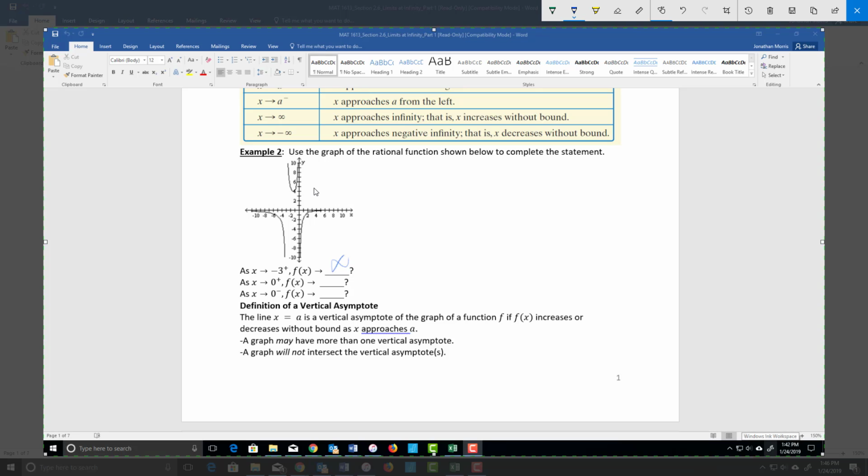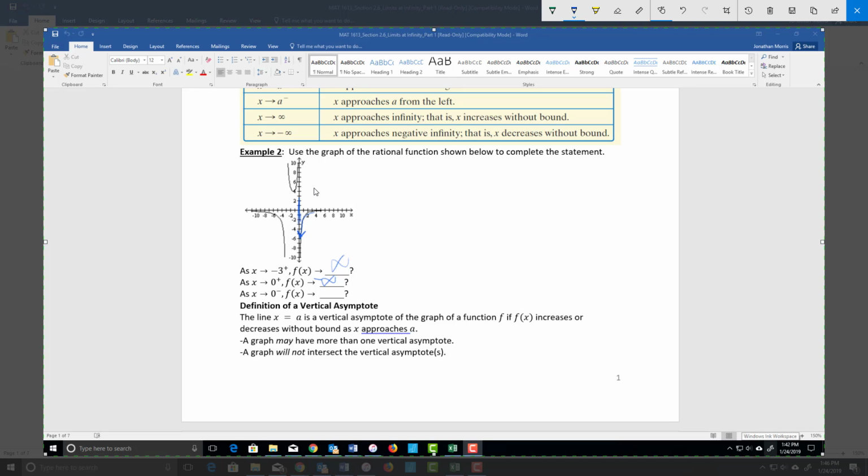Now, as x approaches 0 from the right side, so we're basically looking at the y-axis here. As we're approaching the x value of 0, those y values from the right side of 0 go to negative infinity.